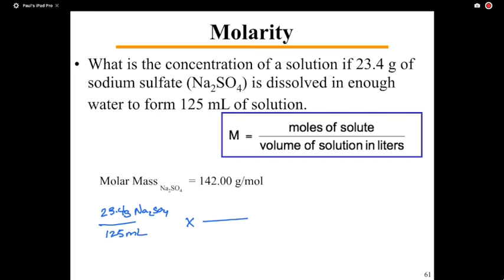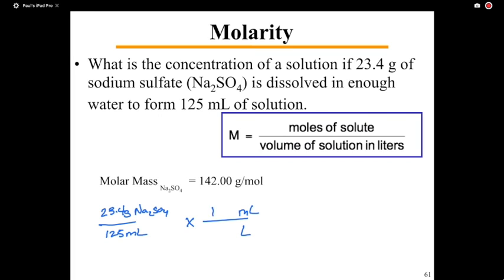So, what do you want to change first? You're going to have to change both grams and milliliters. What do you want to do first? Does it matter? No. I've got to get the bottom to liters and the top to moles. So what multiplication do you want to do first? Milliliters to liters? Okay, great.